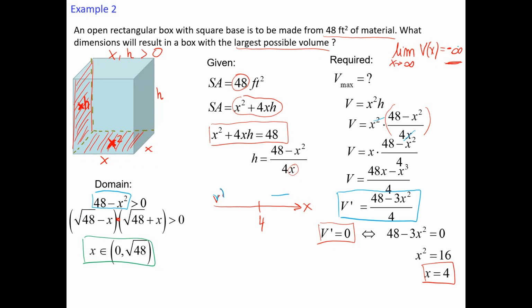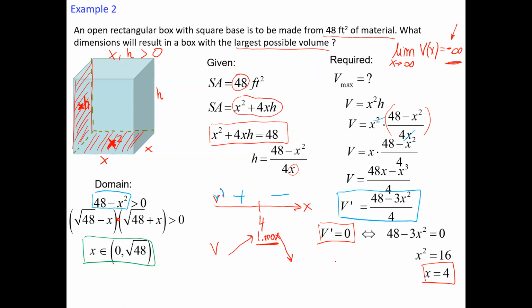The values even go to negative infinity. If we substitute a number less than 4, like 1, 2, 3, it will be positive. Then our volume function behaves like this, increasing, decreasing, definitely a local maximum. And this is the absolute maximum because none of the values are higher. All of the values go down.